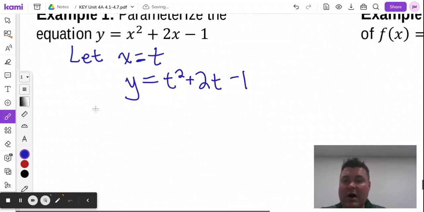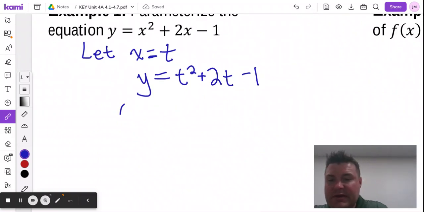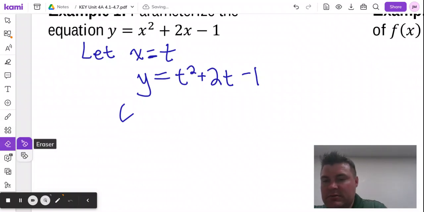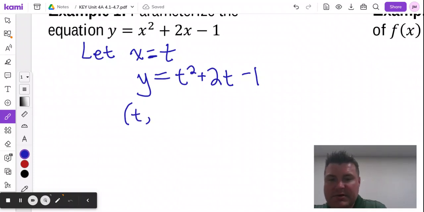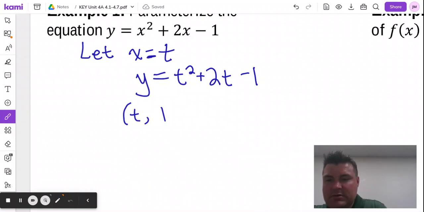So our final answer here is going to be t comma t squared plus 2t minus 1.